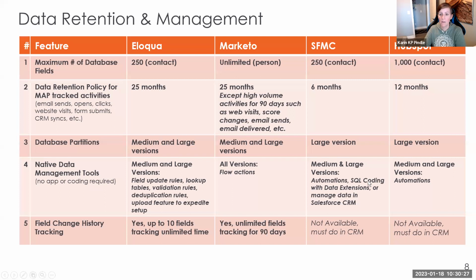The main way in Salesforce Marketing Cloud that you clean or maintain your data in an automated fashion is using SQL coding with their data extensions. It does actually apply some coding. So I need to update this, because in Salesforce Marketing Cloud, oftentimes people will use SQL to keep the data clean there.